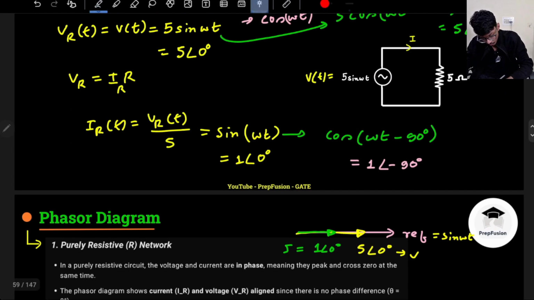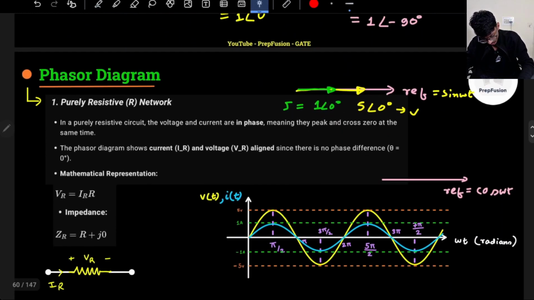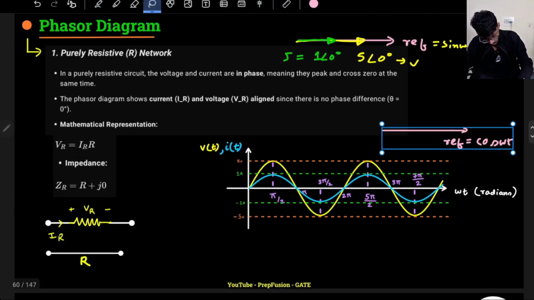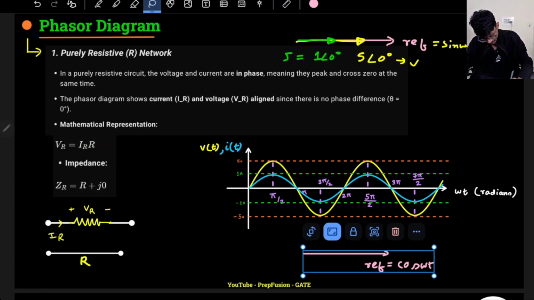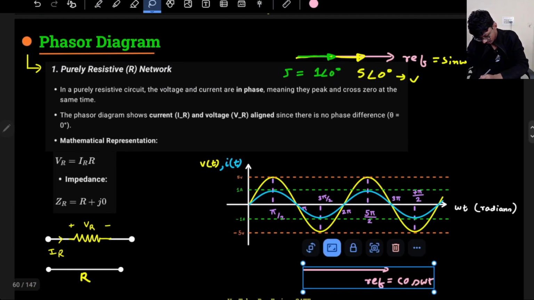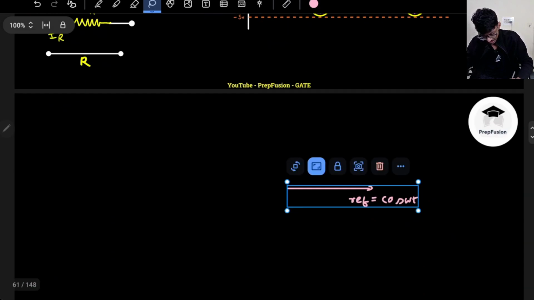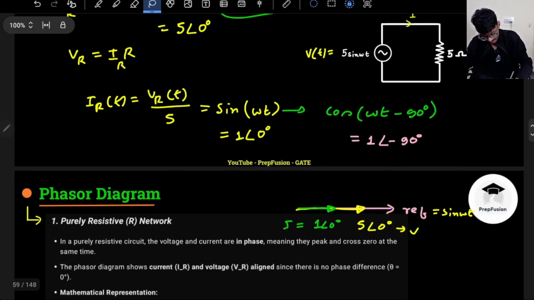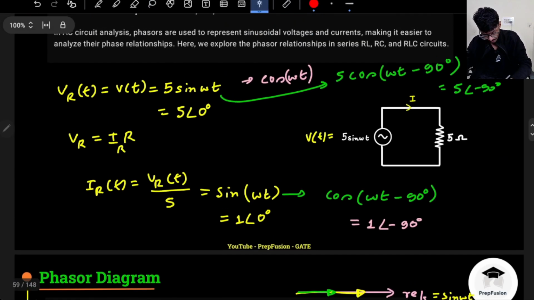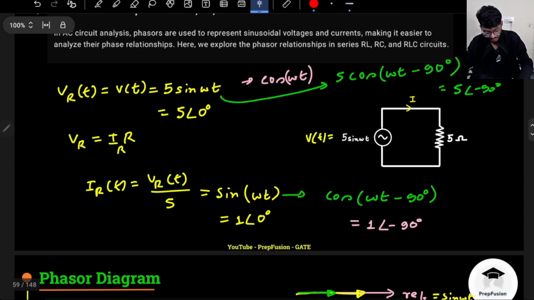But your voltage is lagging. If it is lagging, I will not have space over here. So how do I get space? Basically I have to add another page. Unfortunately, we have to use another page. So this is lagging, both are lagging, minus 90 lagging only, but the amplitudes are different.